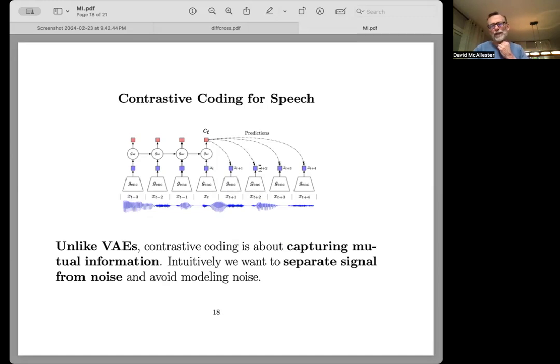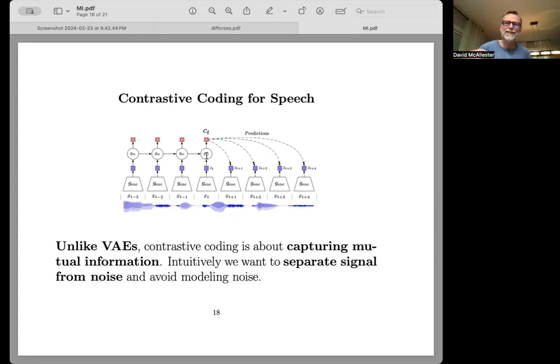So the intuition here is, if this is signal, you'd want to separate this. It's a standard thing in signal processing to want to separate signal from noise. And signal, in some sense, is the part of the input that's giving you information about the future, or that you care about. The information you care about is the signal, and there's information you don't care about, which is the noise.